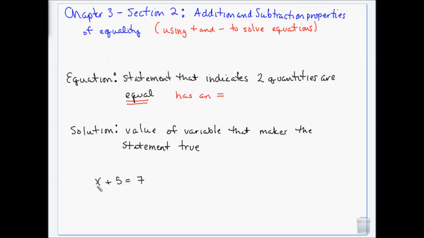I can't say, oh, x is 10. No, it's not. Where did you get the 2 at? X plus 5 equals 7. We're looking for the number plus 5 that equals 7, right? There's only one value that makes this true. I can't plug just any old number in there. It's got to be a 2. So 2, in this instance, is my solution.